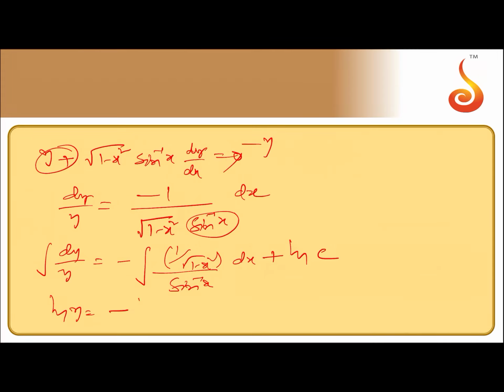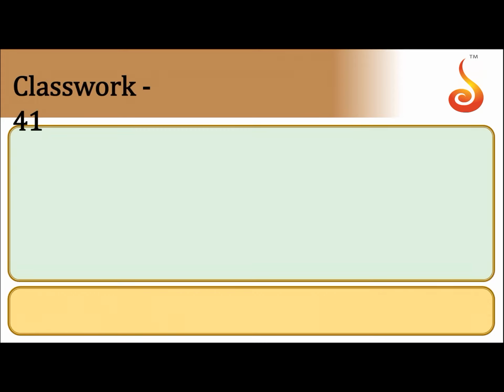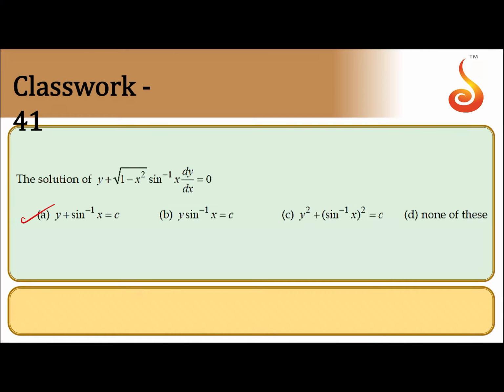And clearly you can see that log y is equals to minus logarithm of sine inverse x plus log c. Eliminating logarithm, you'll be getting y times sine inverse of x is equals to constant. So answer is equals to A.